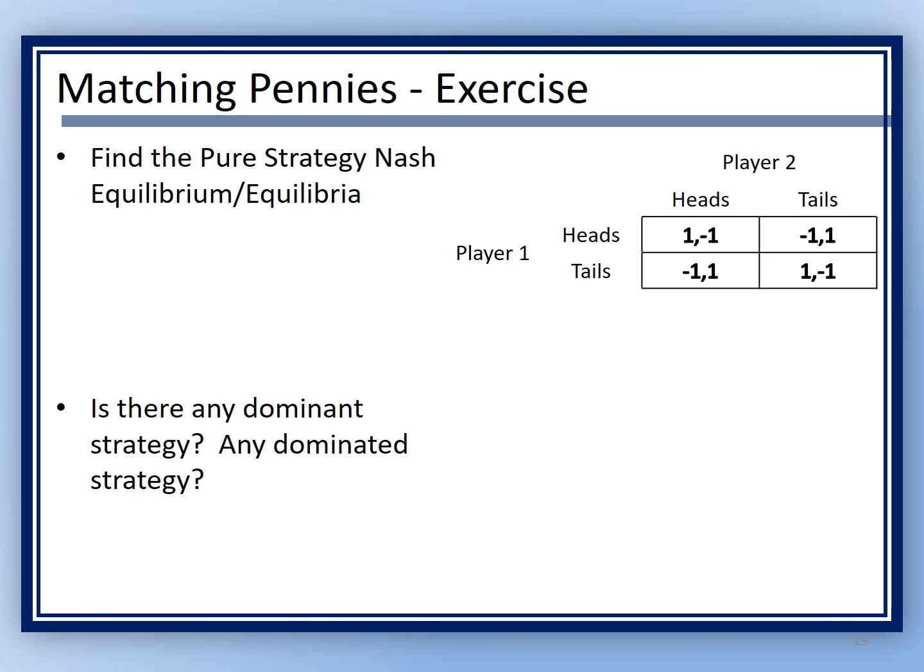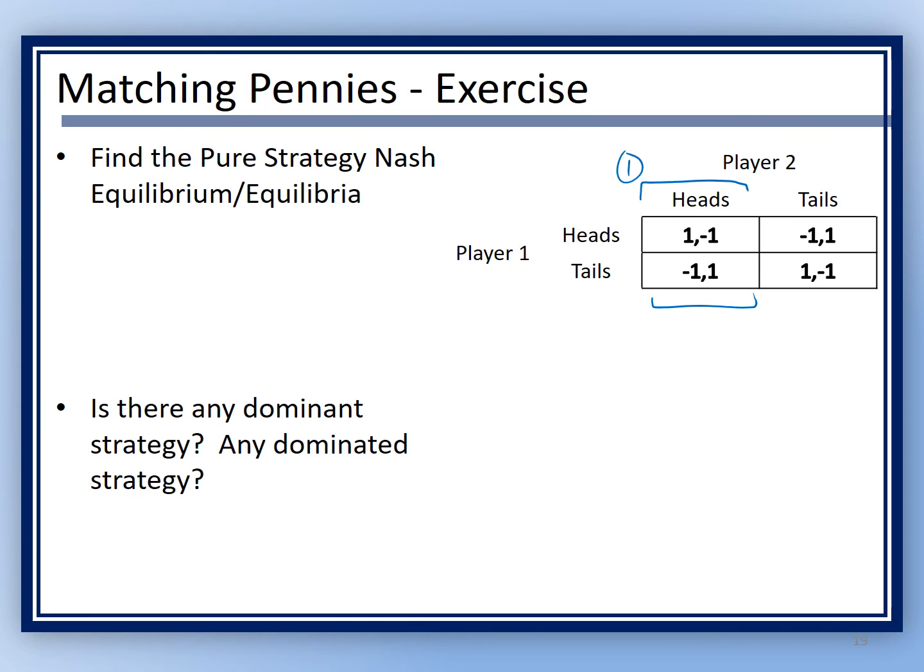Let's try. Suppose player 2 has already put forward a head. Let's say player 1 knows that player 2 is going to put forward a head. Maybe player 2 is two-faced, so the coin is always heads and heads.